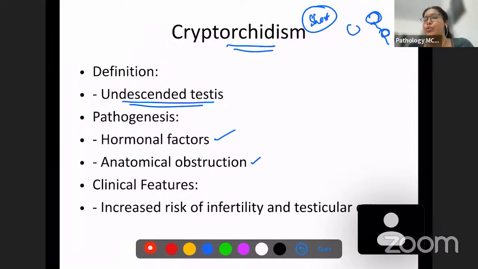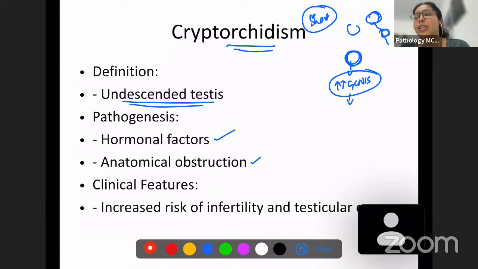The function is going to be normal, but the risk of GCNIS is going to increase in the cryptorchid testis. Because of the increase of GCNIS in the cryptorchid testis, you are going to have an increased risk of seminoma.